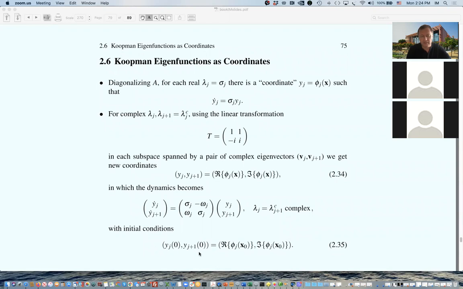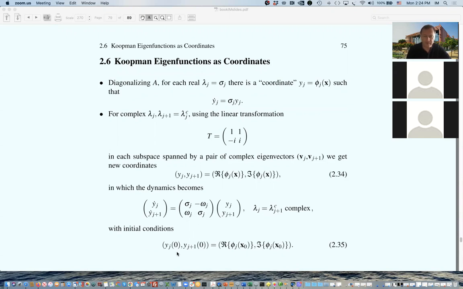Of course, you have to set up the initial conditions correctly. So yj of 0, according to this formula, is just the real part of your phi j. Since eigenvalues are complex, the eigenfunctions are complex as well. So this initial condition would be the real part of phi j evaluated at x0, and then yj plus 1 at 0 would be the imaginary part of phi j evaluated at x0.